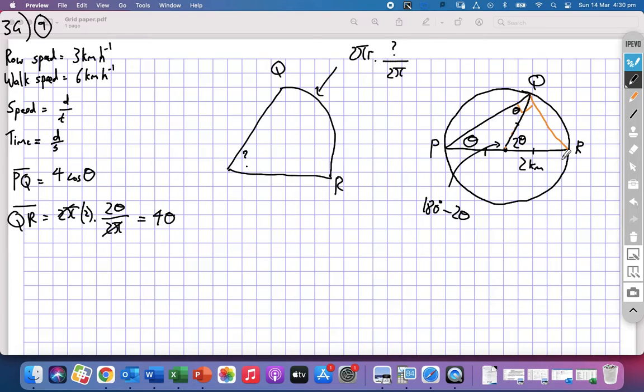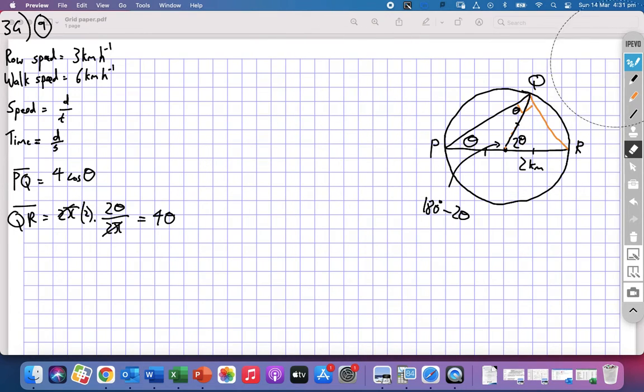Right. Now if we thought about time next, the question's about time. The time to row from P to Q. Let's write the time to row. Okay, the time to row from P to Q. Time is distance on speed.